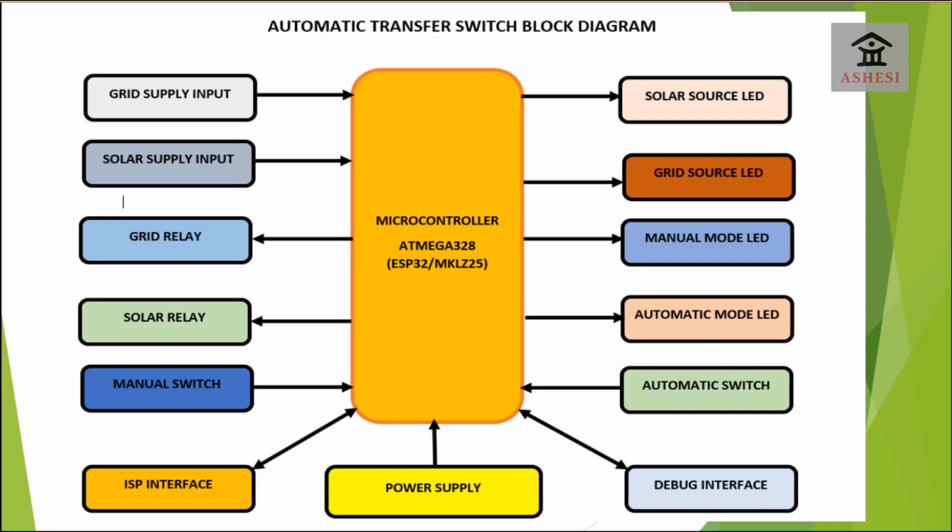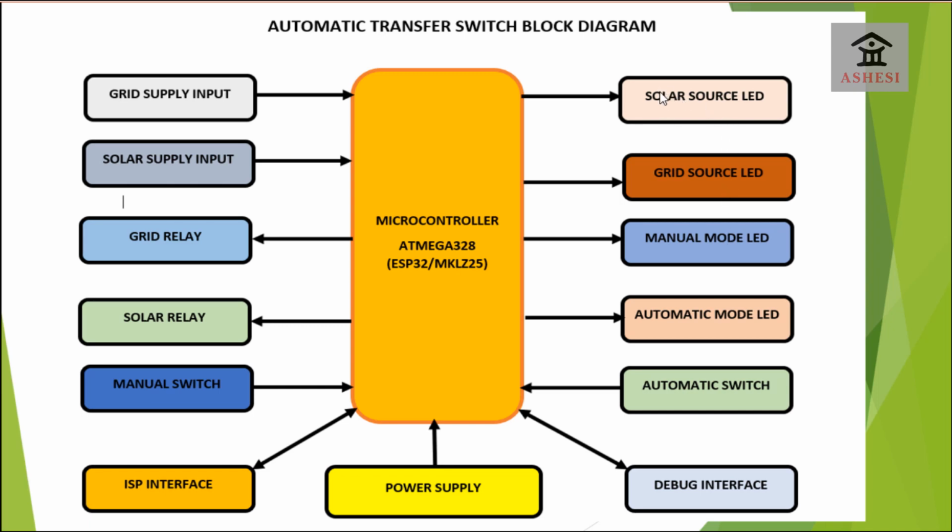Now, this is an overview of the project that I'll be using to illustrate how to go about your final year project. At the heart of it is this microcontroller. And as I said earlier, I'll be using either ATmega 328 or ESP32 or either MKL25Z or STM32. The project has 4 LED indicators.